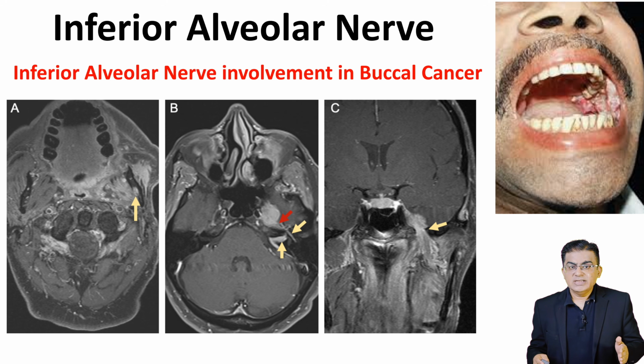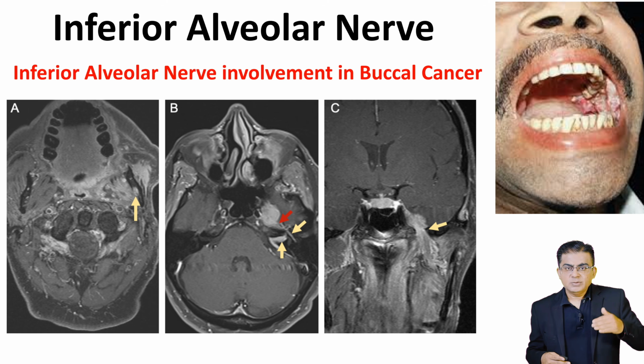But here is where the biology of perineural spread gets incredibly dangerous. Look at the middle scan, image B. Nerves do not exist in isolation. They have communicating branches. Because this tumor marched all the way up to the skull base, it has actually jumped pathways.